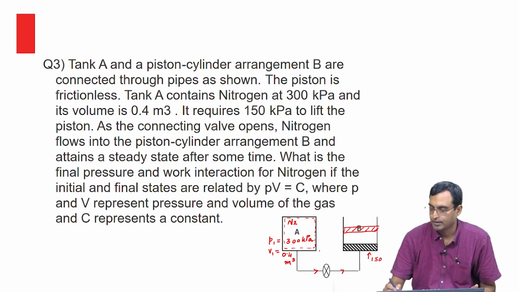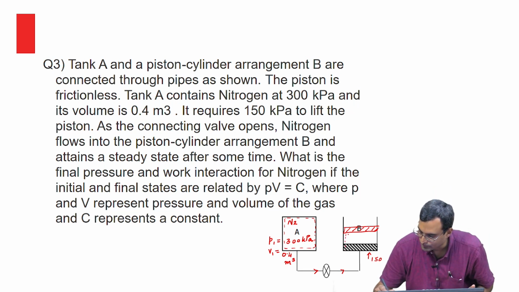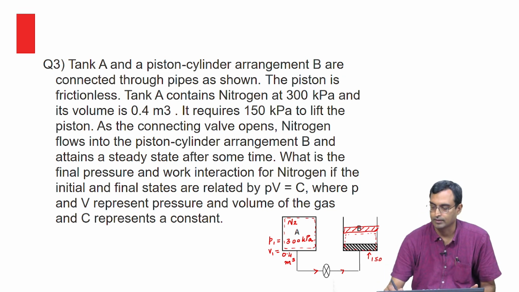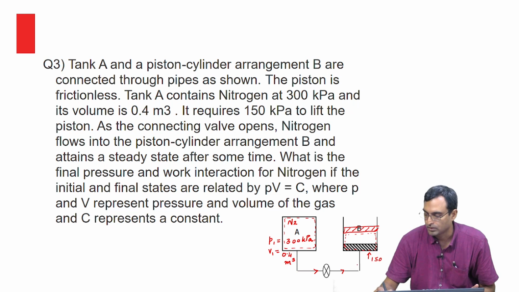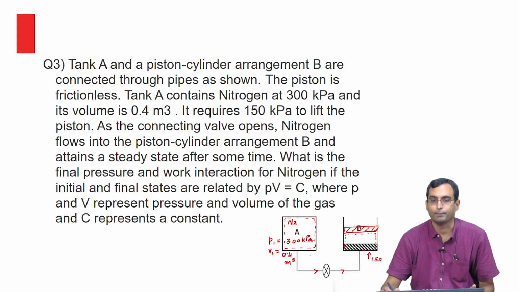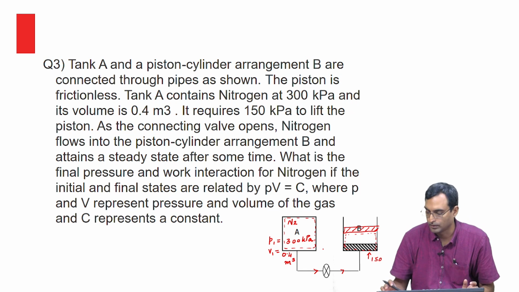Finally, our system is this plus whatever is the nitrogen here, because initially all the mass is here. We are going to assume that there is no mass of nitrogen in the pipes. The pipes are so small that we do not have to worry about the mass of nitrogen sitting inside them. Initially it is 0, finally we are going to ignore it.